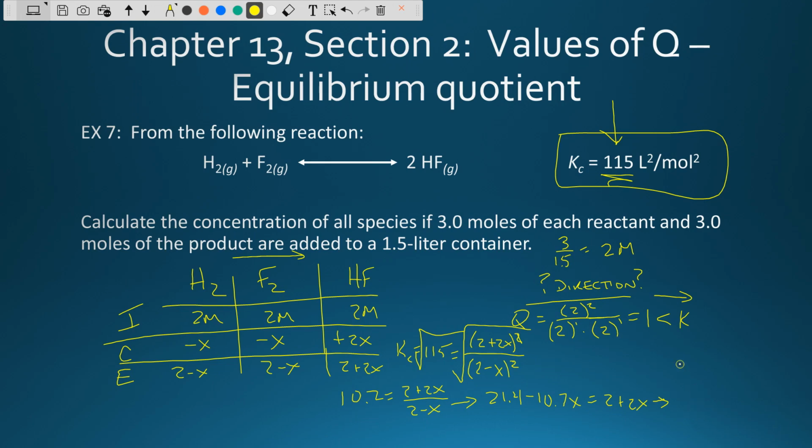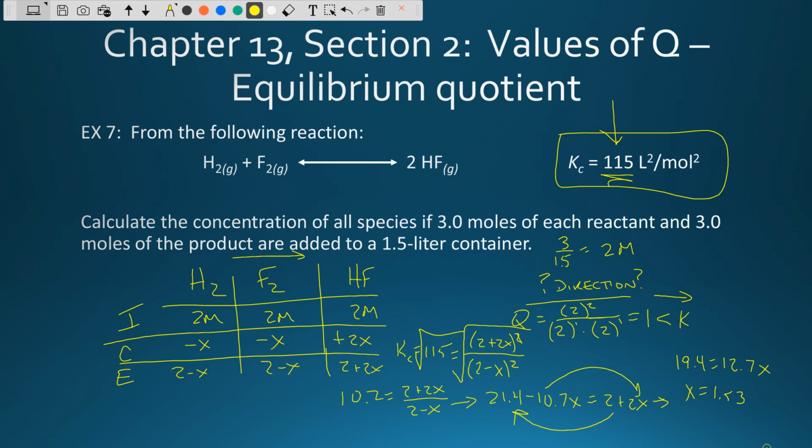If I combine like terms, I end up with 19.4 equals 12.7x. So I got my x's to the same side. I brought this over here, and remember I subtract by 2, so that's how I got 19.4. Therefore, dividing both sides by 12.7, my x ends up being 1.53.